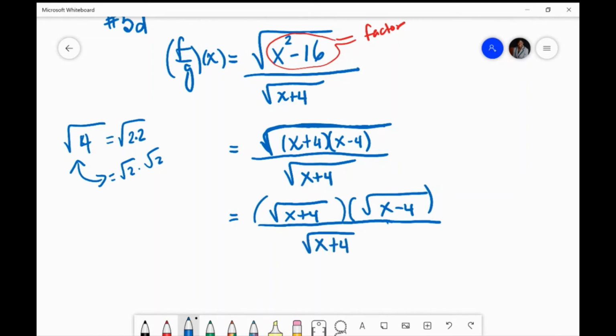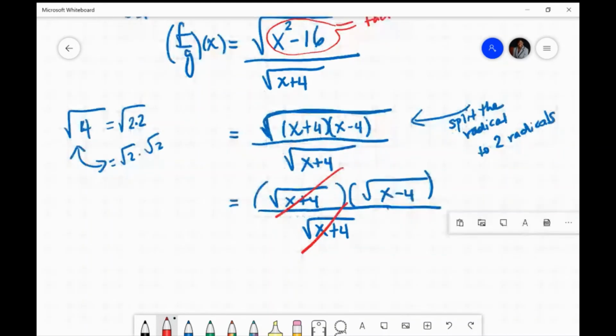So I basically split this radical into two radicals. That way I can cancel out this and this.